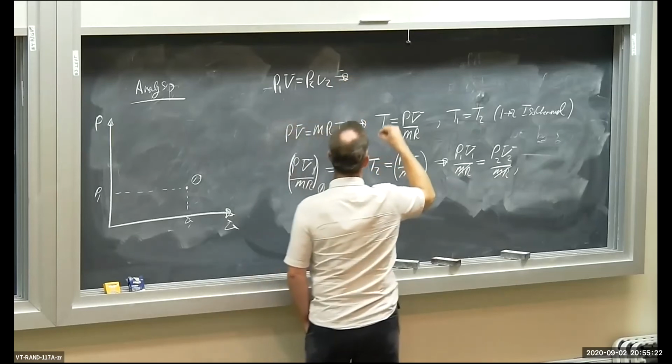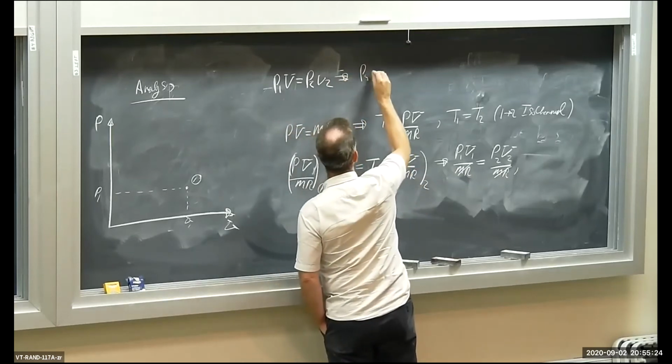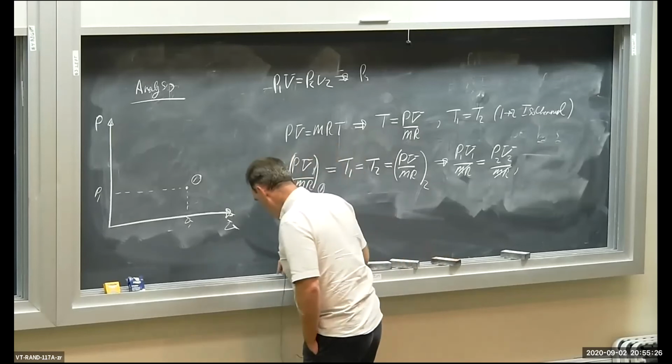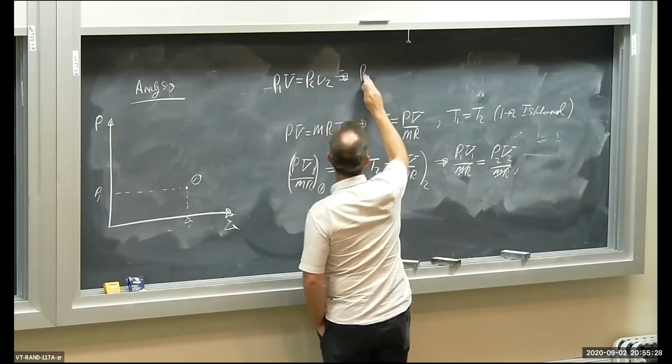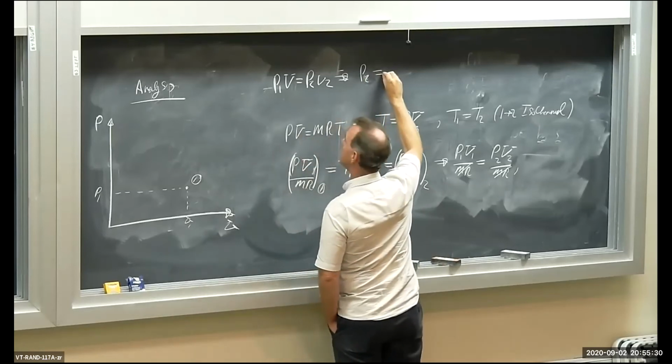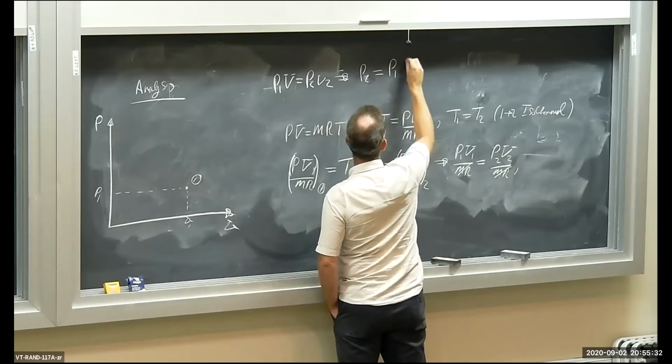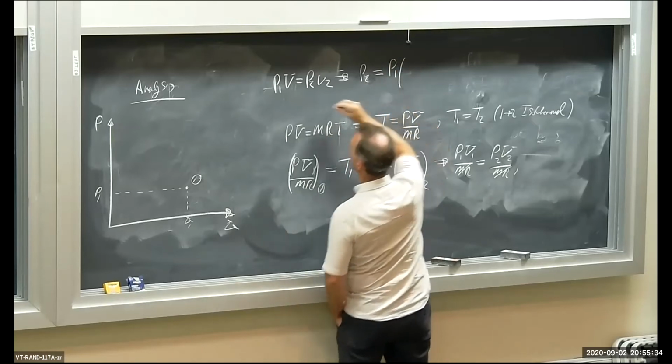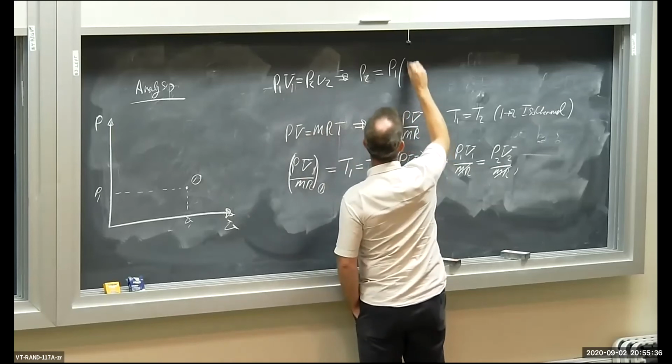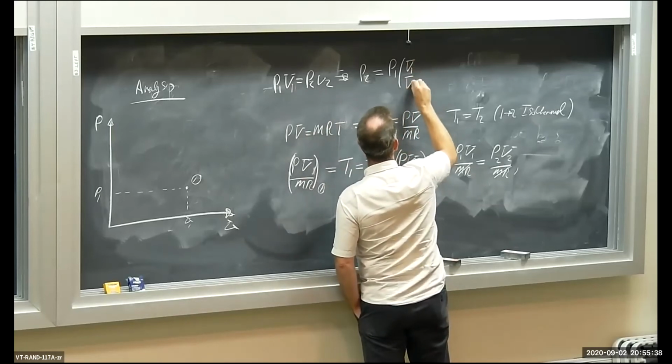So let me solve this for P2. I'm losing chalk here. Pressure at state 2 is equal to pressure at state 1 times V1 over V2.